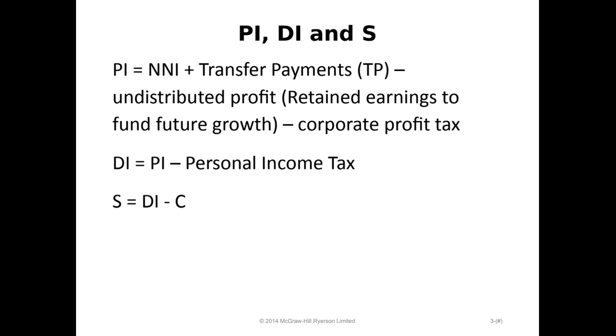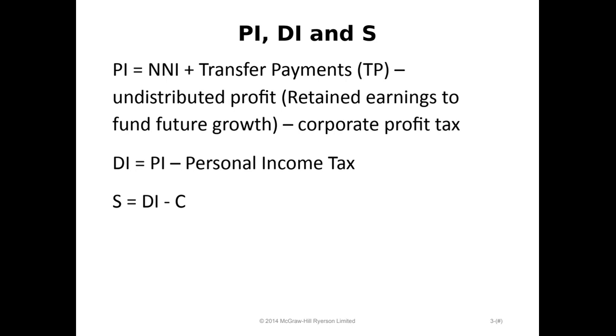So although you earn profit, you are not receiving that money, you are paying taxes. So personal income is basically net national income plus income received but not earned minus income earned but not received. If you make this adjustment, you will get personal income.